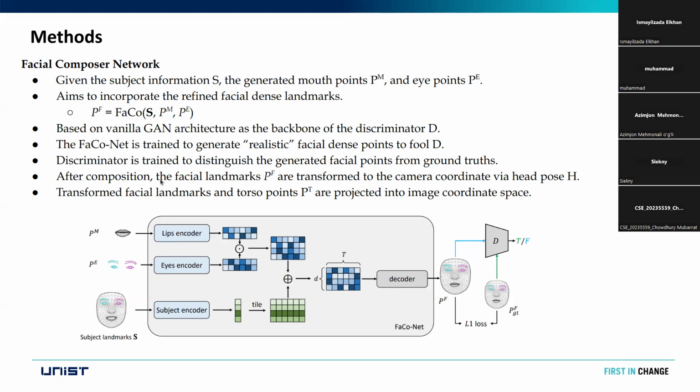After composition, the facial landmarks are transformed to camera coordinates via head pose angles and the coordinates. Transformed facial landmarks and torso points are projected into image coordinates. After transforming to camera coordinates, we transpose them into image coordinates.